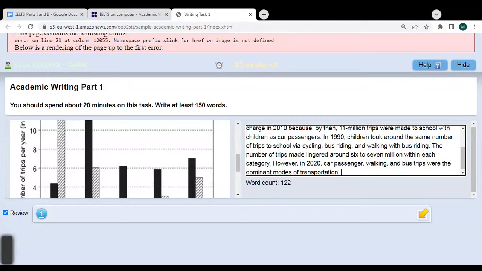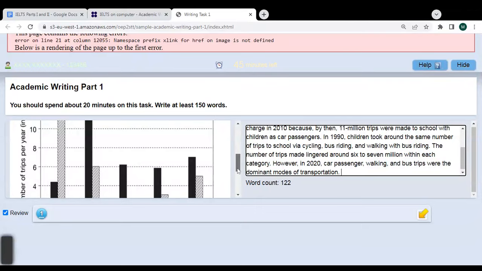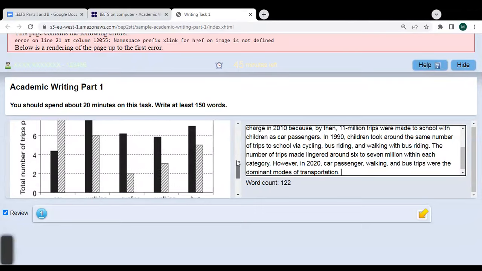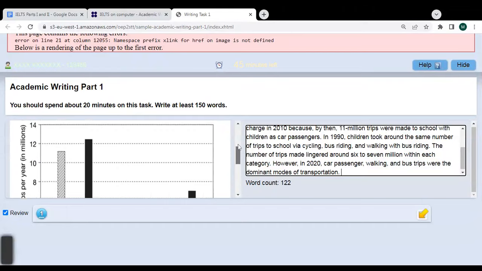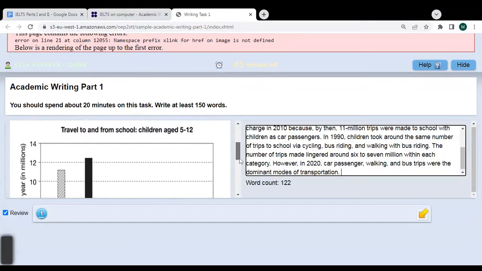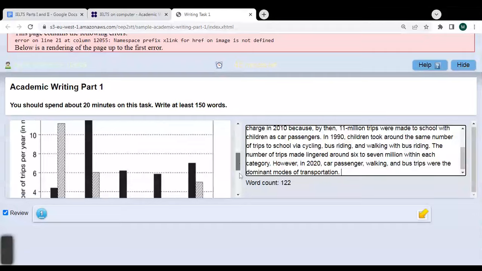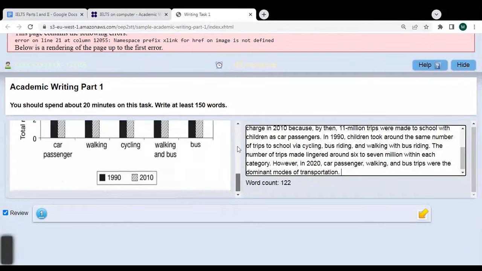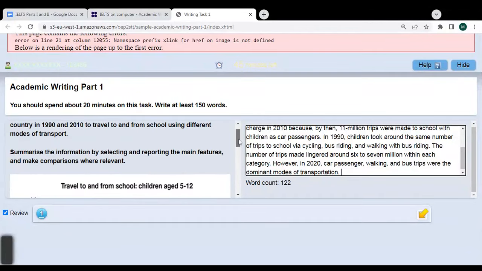However, in 2020, car passenger, walking, and bus trips were the dominant modes of transportation. But really, if you look at it again, look at this walking versus car passenger.